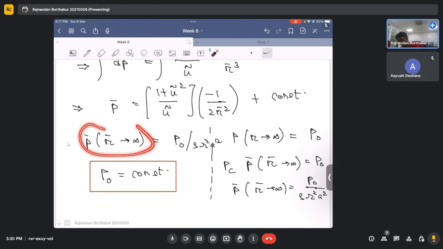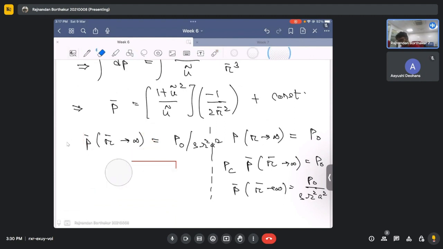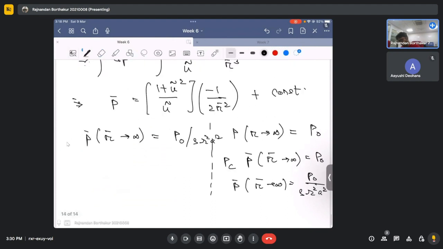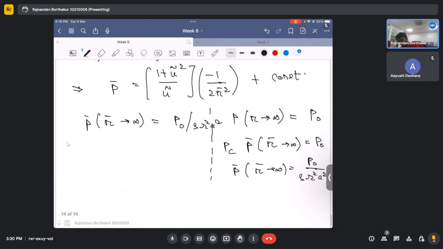This P bar is a non-dimensional quantity, which means this constant will eventually come out to be P naught by rho times omega squared A squared.